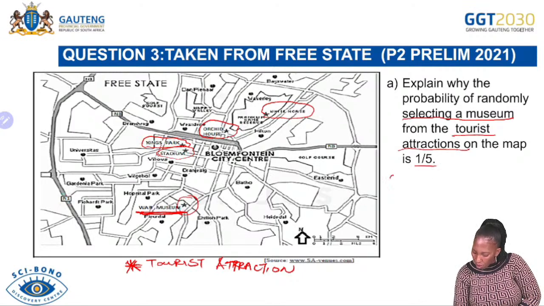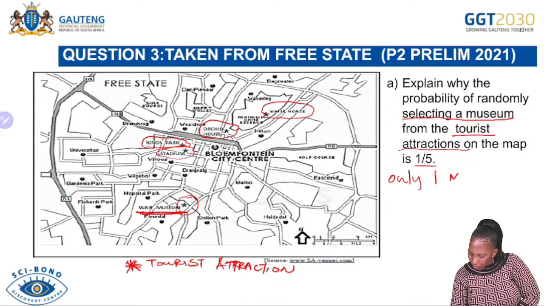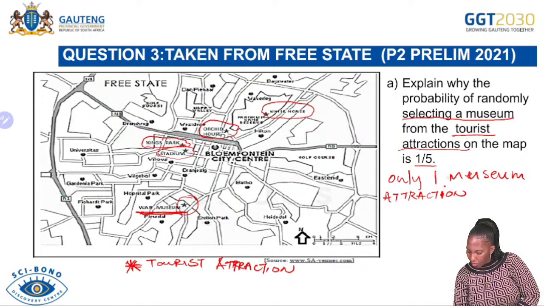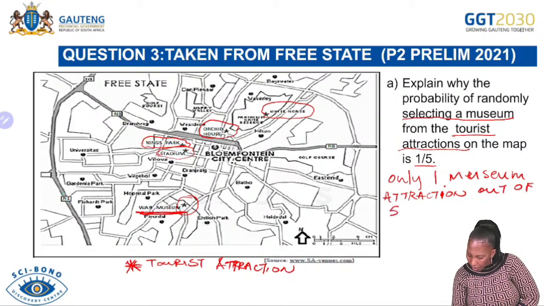There is only one museum attraction, or maybe tourist attraction. There is only one museum, a tourist attraction, out of 5 tourist attractions.